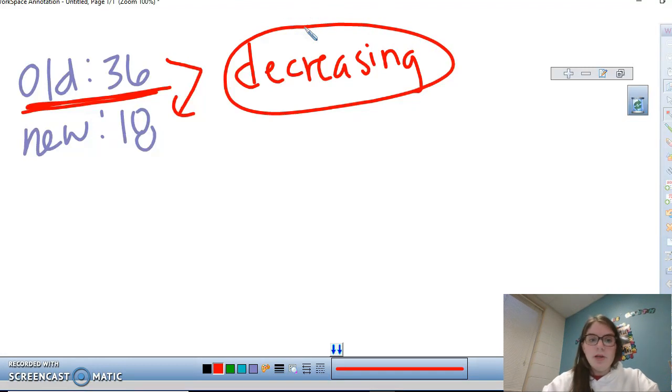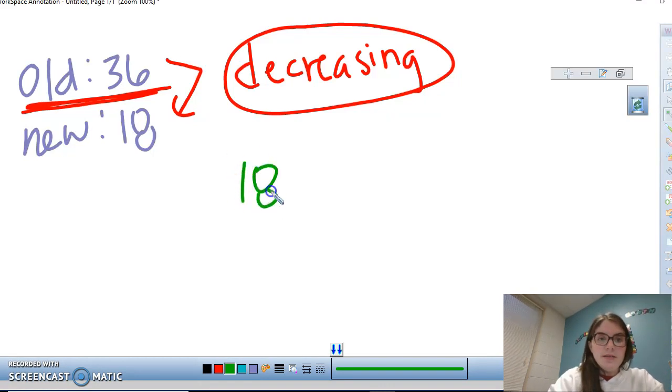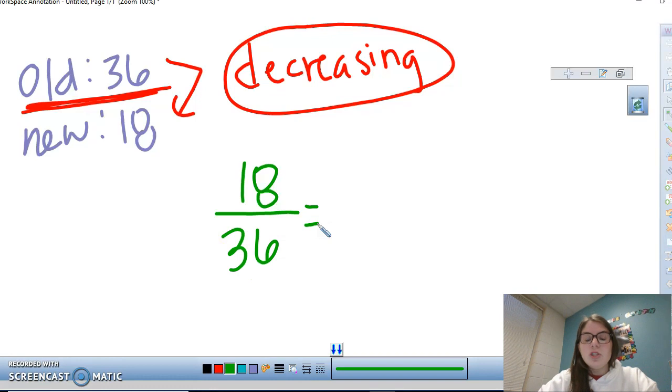The next thing I'm going to look at is what is my percent of change. So if I look at these two, the change between these two would be 18. And I divide that by the original, which is 36. Okay, so 18 divided by 36 is going to be 0.5, because 18 is half of 36.